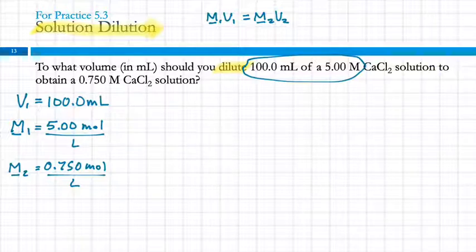And the question is asking for a volume. So I'm looking at my pieces here, and I have 3 of the 4 variables in the equation. I'm missing 1, so I can solve the equation for the one missing thing. I need to rearrange the equation. So here's a little bit of algebra. I want this to say volume equals. I want volume 2 to be all by itself. So I need to get rid of the other thing on that side of the equation.